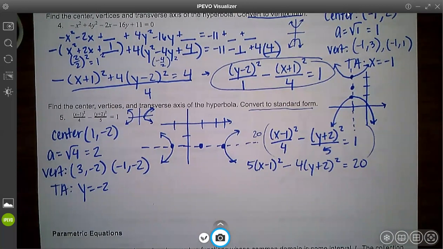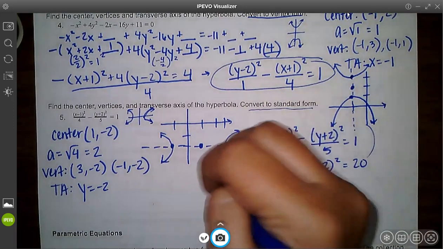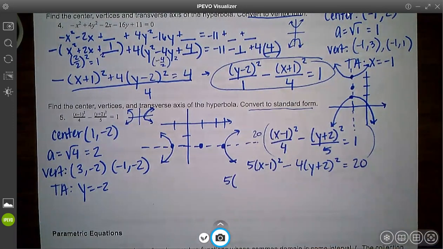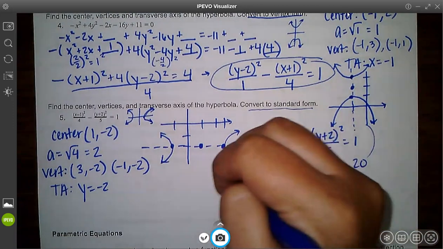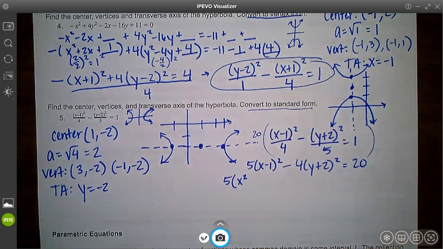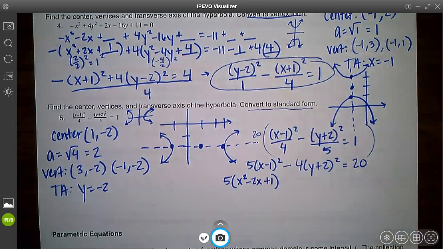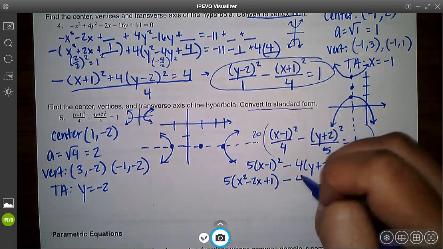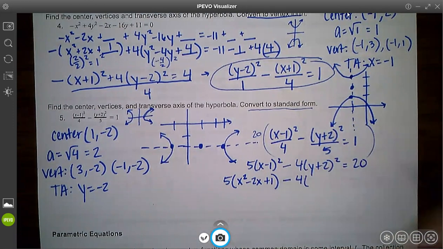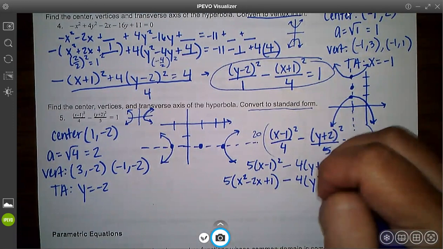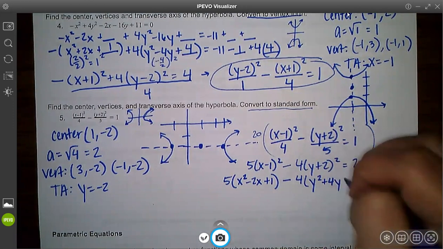Remember, you have to FOIL out your x minus 1 squared and your y plus 2 squared. So I'll leave my 5 out front. X minus 1 times x minus 1, when you simplify that, is x squared minus 2x plus 1. Y plus 2 times y plus 2, when you simplify that, is y squared plus 4y plus 4.